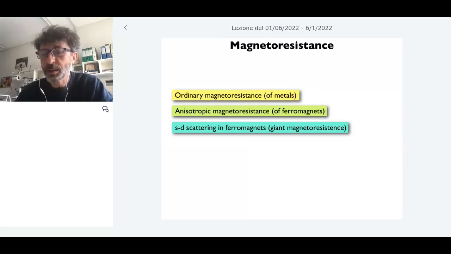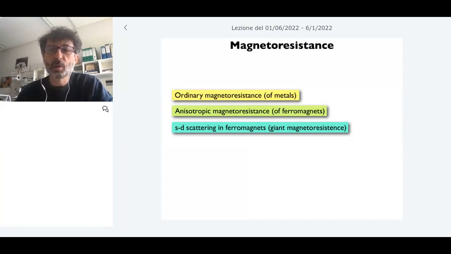And this effect has to do not with a single material, but with interfaces between different materials that could be, in all cases, ferromagnets. It has to do with the fact that the resistivity may change if along their diffusing path, electrons find magnetization vectors pointing in different directions.